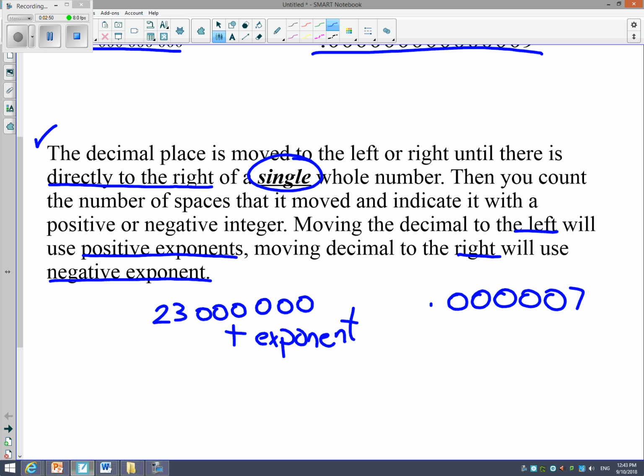And similarly, if we're using decimals, we're going to be using a negative exponent. Now that's just a rule, and you might forget and you might get them mixed up, but it was just something that came out today.